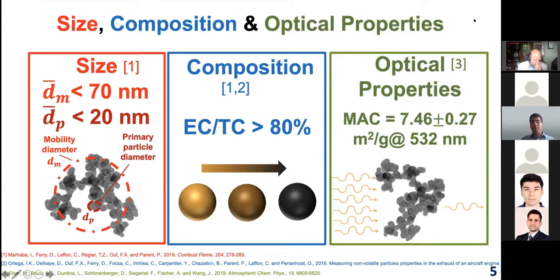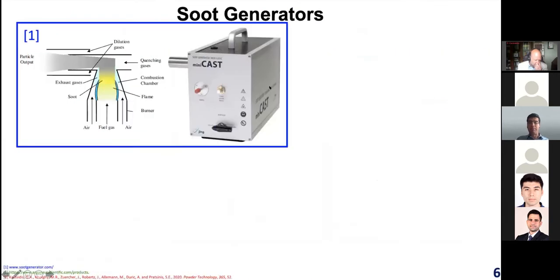So this is the type of particles that is emitted from modern engines, and usually different soot generators are used to make surrogate soot with similar properties, so that it can be used for calibration of optical diagnostics or other aerosol characterization instruments.